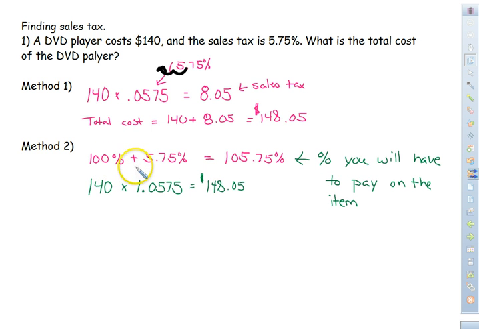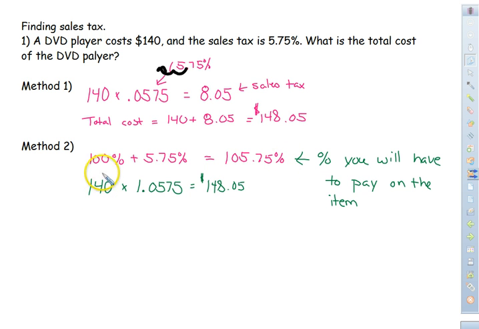Method two is by saying, all right, the $140, that's 100% of the price. We need to add 5.75% onto it. We're paying that in addition to the 100% of the $140. So if you add those two percentages together, you get 105.75%. That's what you're actually paying for the item.